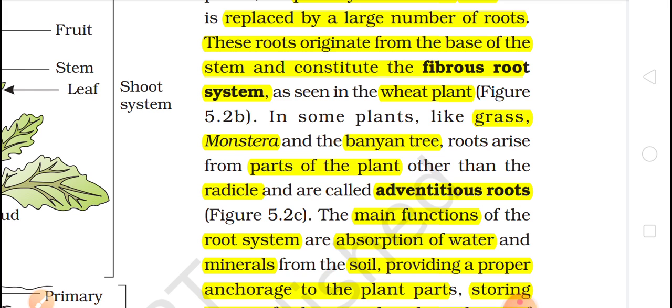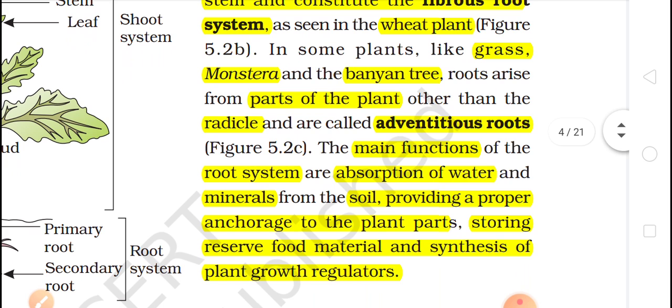These roots are basically used for support. It gives support to the plant, like banyan tree is the example of adventitious root. Clear about tap root, fibrous root, and adventitious root?